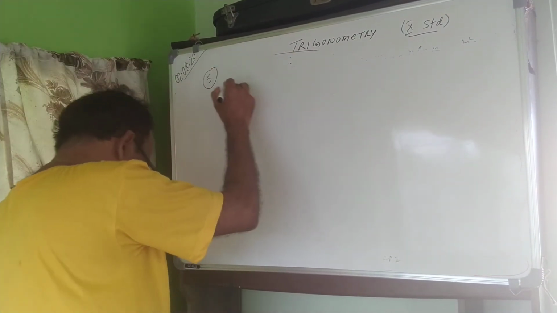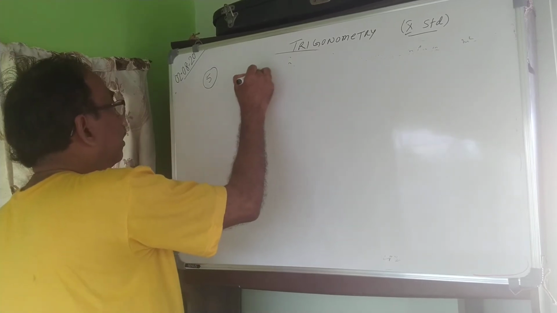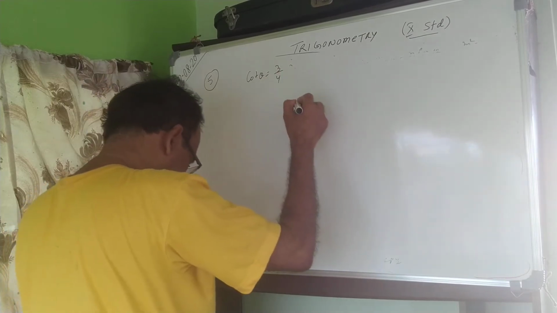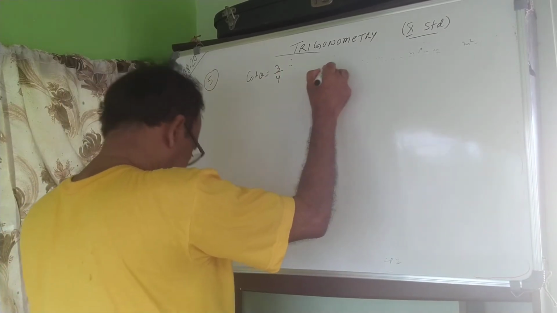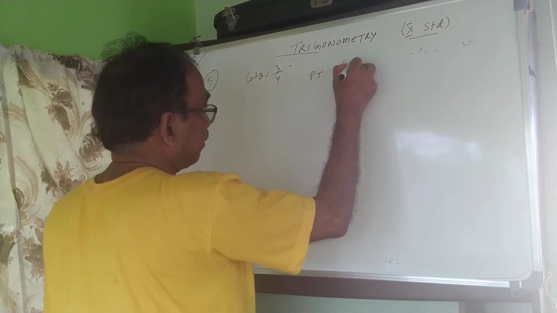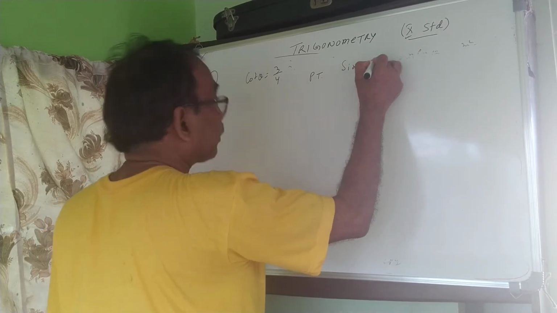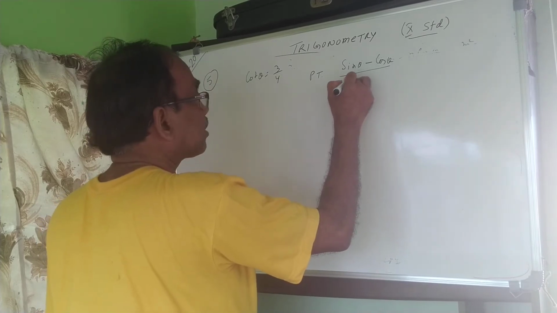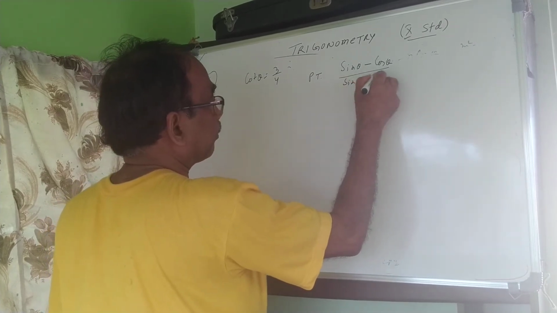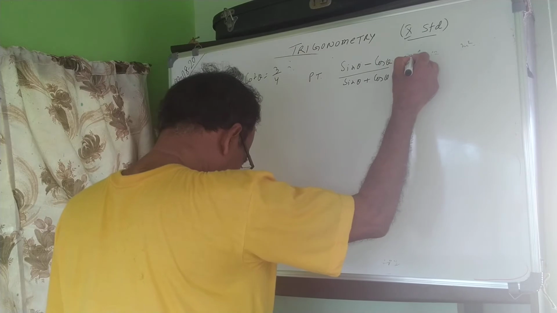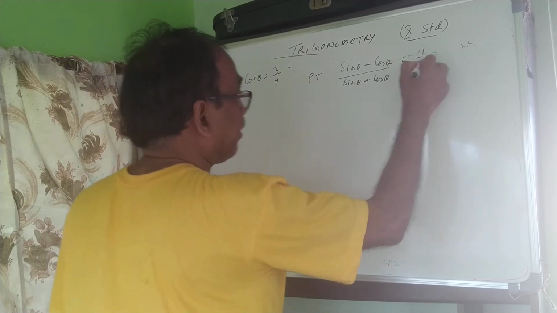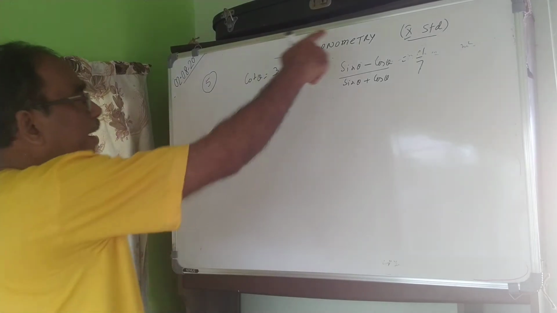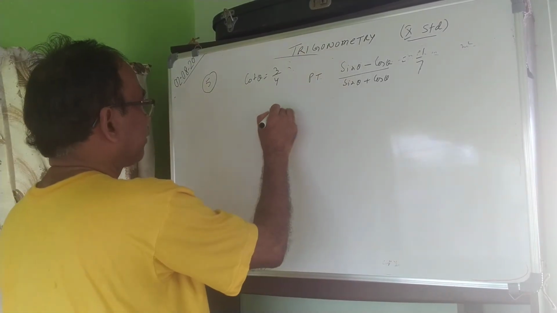Question number 5. Cot theta equals 3 over 4. Prove that (sin theta minus cos theta) over (sin theta plus cos theta) equals 1 by 7. This sum you can do by the trigonometric way more easily, dividing the numerator and denominator of the LHS.